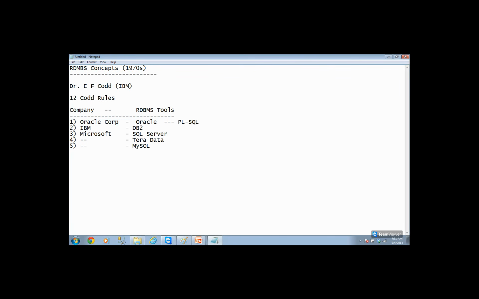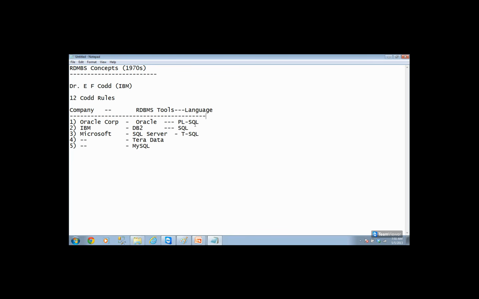IBM's DB2 says my language name is SQL. They did not modify it because they created the SQL language. SQL Server says my language is Transact-SQL. Like that, many companies have given their own naming standards.